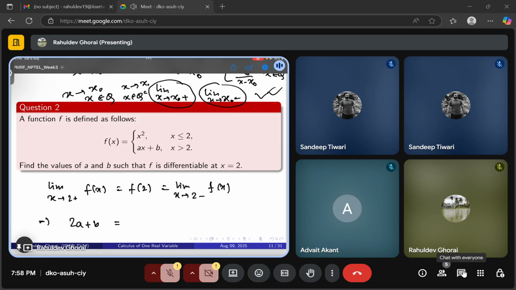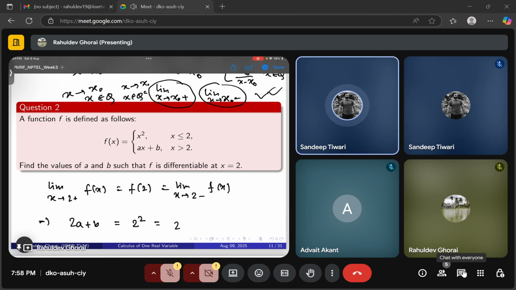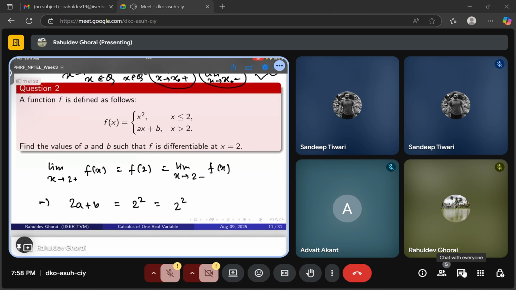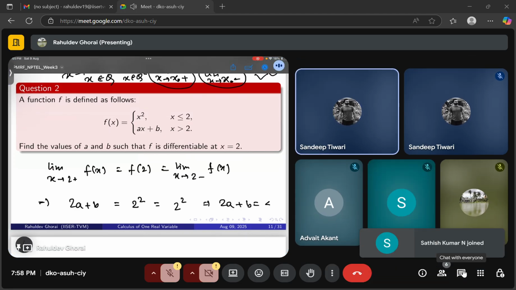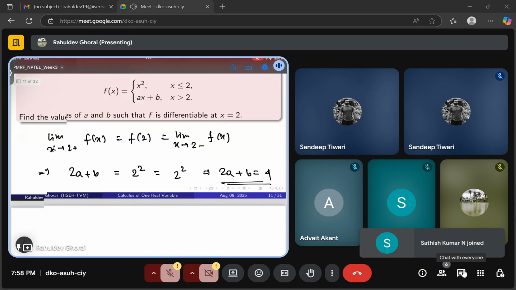That is equal to f(2), which is 2 squared, and as x tends to 2 minus, that is 4 minus 6, so 4b is minus 6. That is one relation we'll be getting.